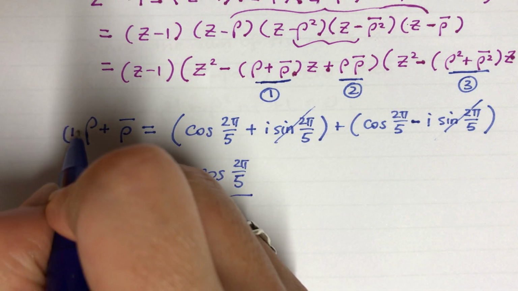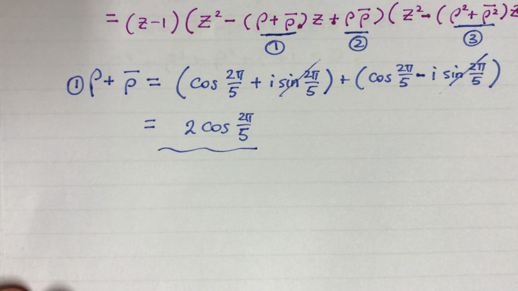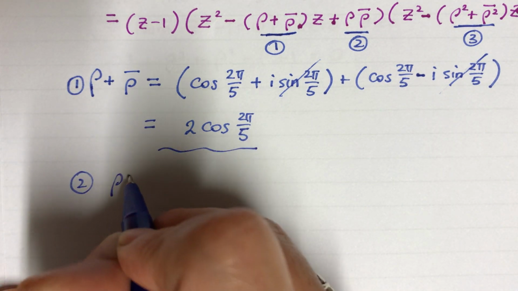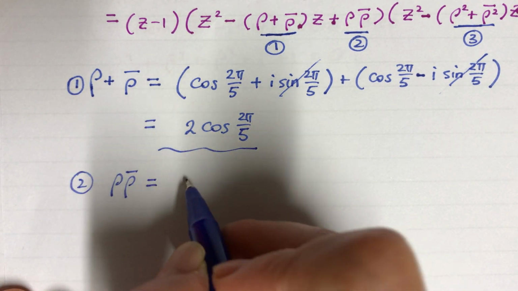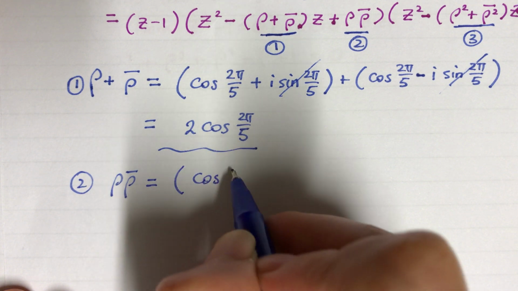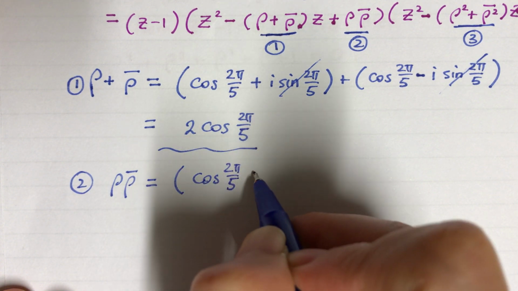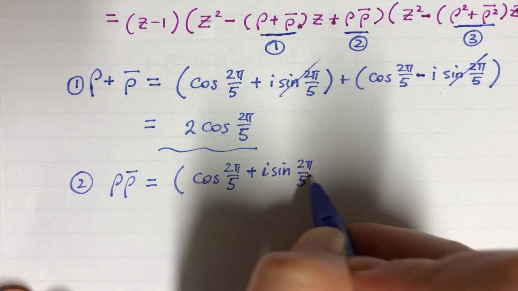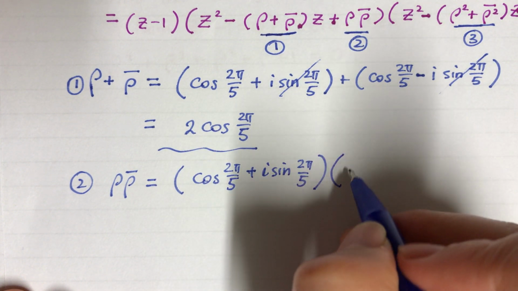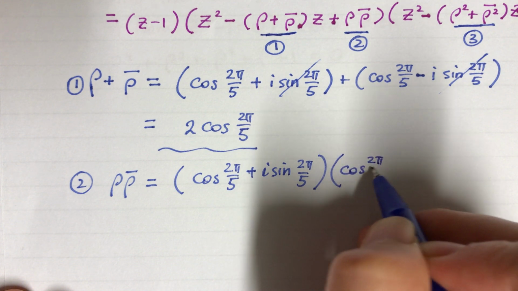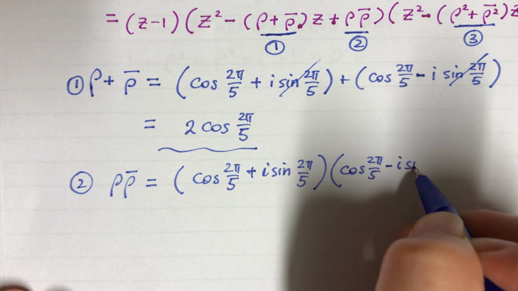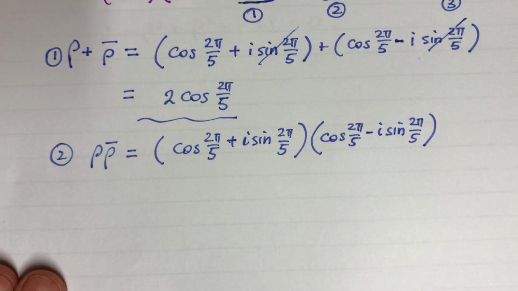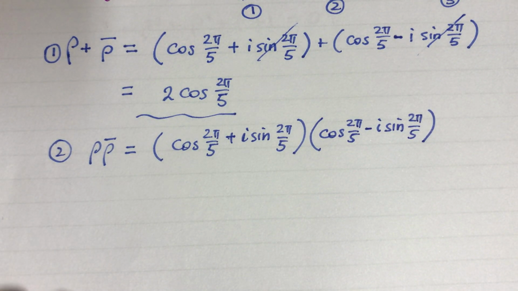That's the first one. And then the second one was the product, wasn't it? So rho and conjugate rho: cos 2 pi over 5 plus i sine 2 pi over 5, times cos 2 pi over 5 minus i sine 2 pi over 5. Okay, so that's a difference of two squares, isn't it?